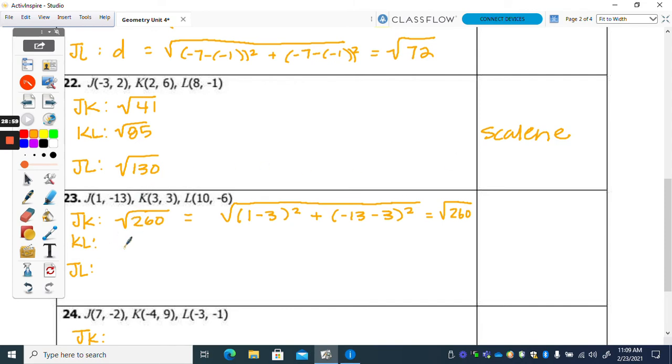Okay, so your answer is the square root of 130. You're just not putting the square root in your calculator. Zach, what's the distance from J to L? The square root of 130. So since two sides are the same, what type of triangle is this?